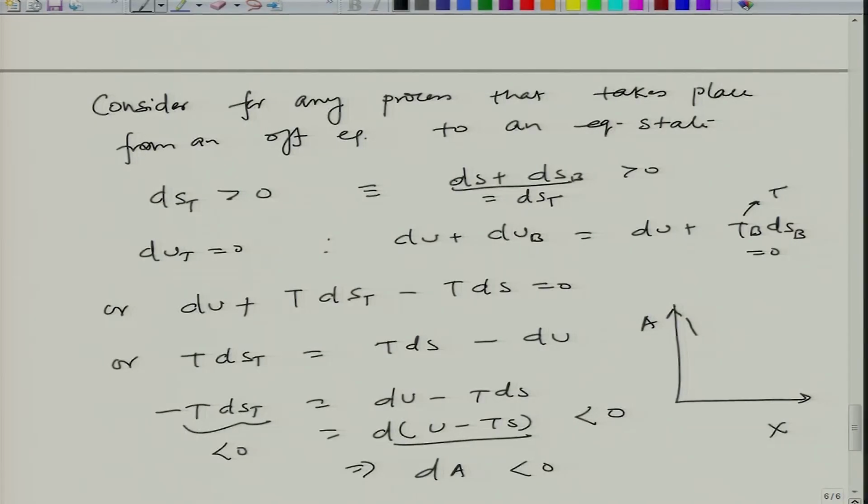So, it is going to be like this. If you are here, off process going towards the minimum, then essentially dA has to be less than 0. Okay. Similarly, for the case where it is off equilibrium here. So, this is your x equilibrium for a given T, V, n.